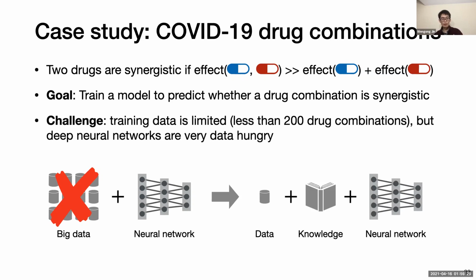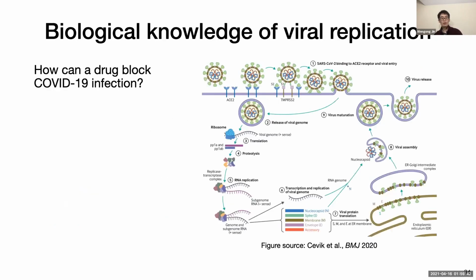So instead, we have to add some knowledge into this neural network in order to generalize better, which can work well when we have just a small amount of data. That's where the biological knowledge kicks in. The knowledge I wanted to add is the viral replication cycle, basically, how a drug can block COVID-19 infection. A lot of work has been done by biologists studying the viral replication cycle.